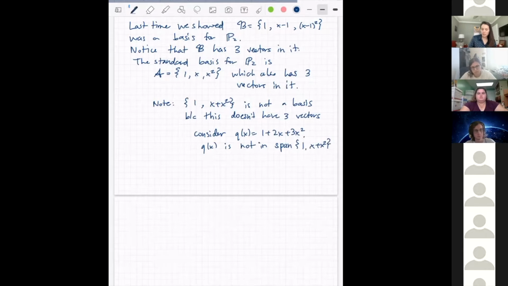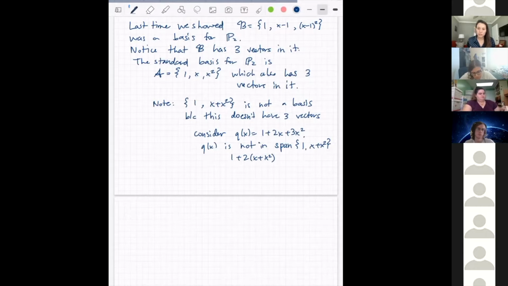It's because we could write 1 plus 2 times x plus x squared, but that doesn't give us the proper coefficient in front of x squared.